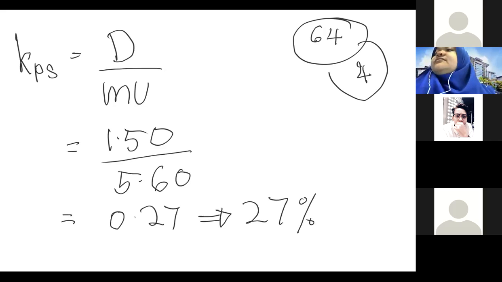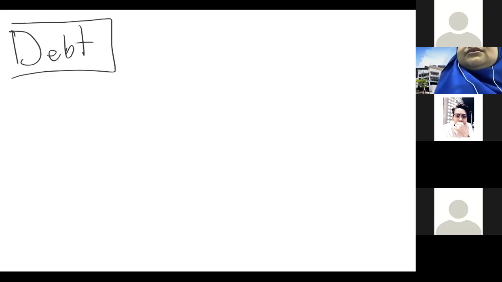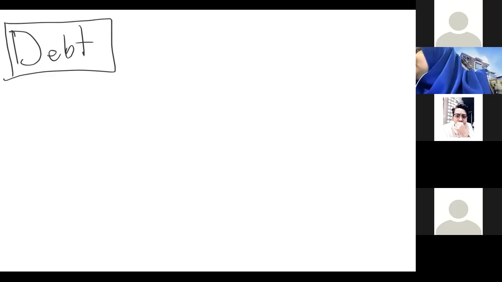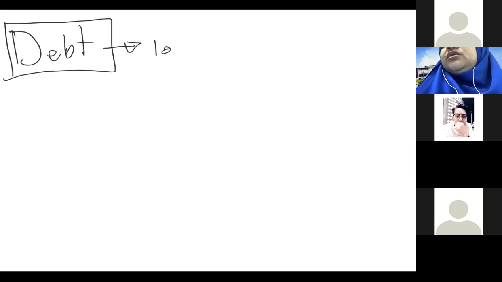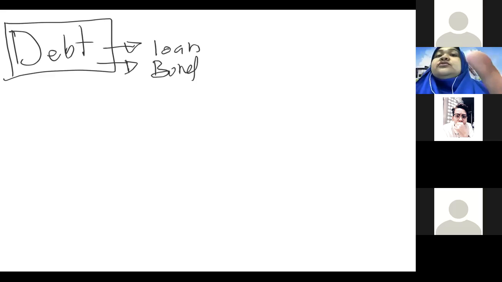Okay. So last, in cost of capital, you're looking at debt. So you need to know the cost of capital of debt. Debt can be obtained through a loan, or from a bond, because bond is also considered debt.